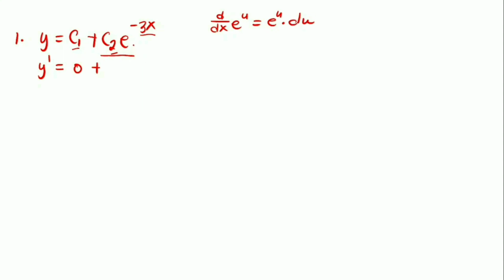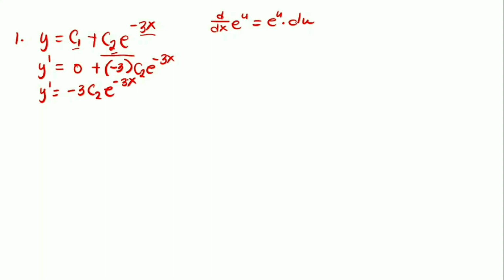So, first, we need to identify which is u. Negative 3x is the u. Then, the du is negative 3, because the derivative of negative 3x is negative 3. So, copy the constant and e raised to negative 3x. Therefore, the first derivative y prime is equal to negative 3 c sub 2 e raised to negative 3x.